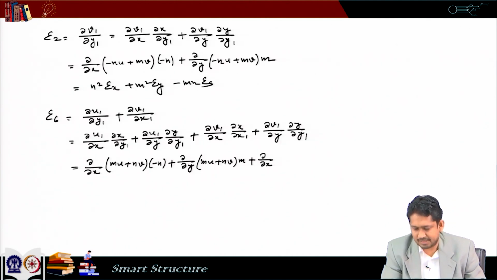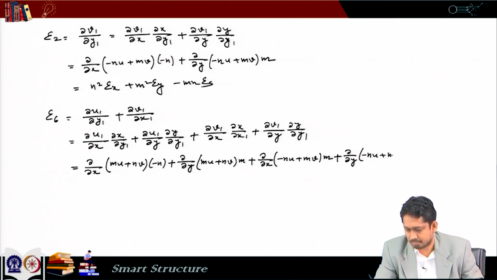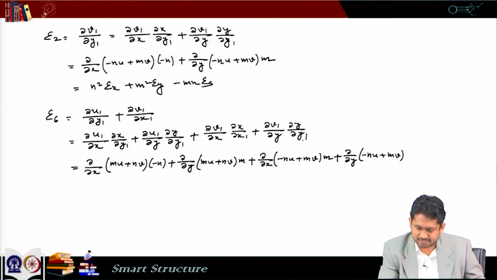And here again we have del x of v 1, and v 1 is equal to minus n u plus m v, and del x by del x 1 is m, plus we have del y multiplied by v 1, and v 1 is equal to minus n u plus m v, and del y by del y 1 is... so this should be x, not y, excuse me.